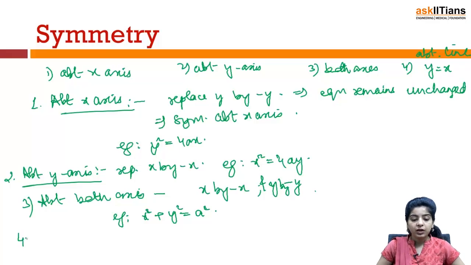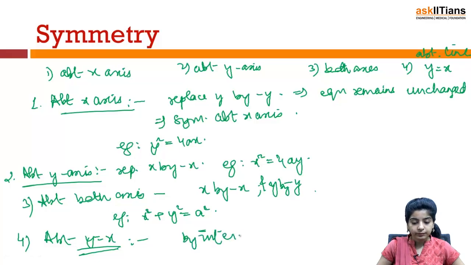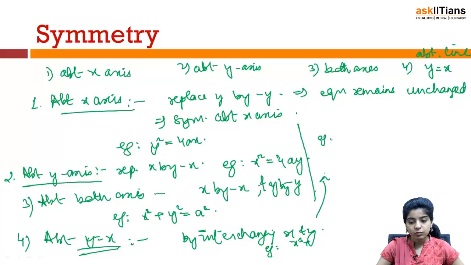And fourth would be about the line y equal to x. In this case, if the curve remains unchanged by interchanging x and y, then you'll say that the curve is symmetrical about the line y equal to x. Example is x cube plus y cube equal to 3xy.